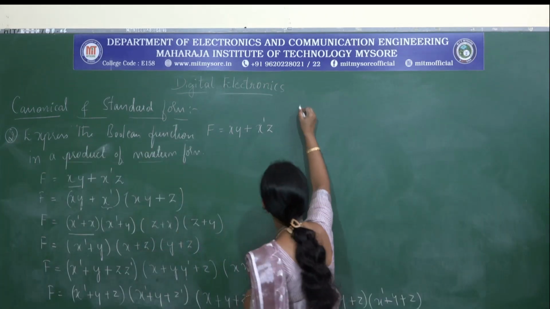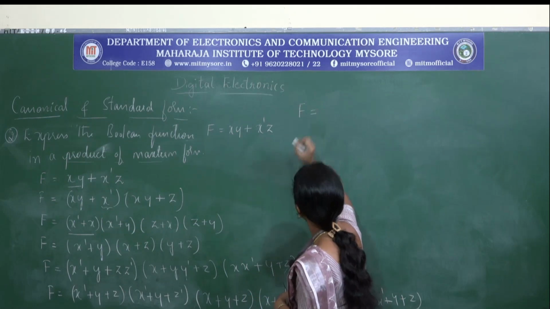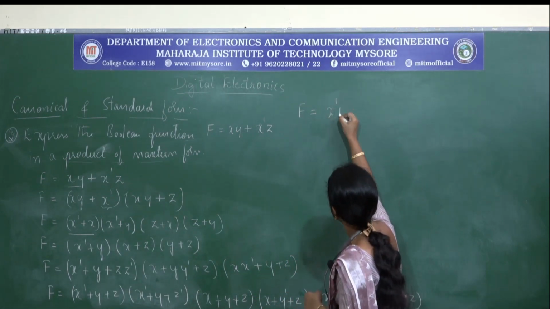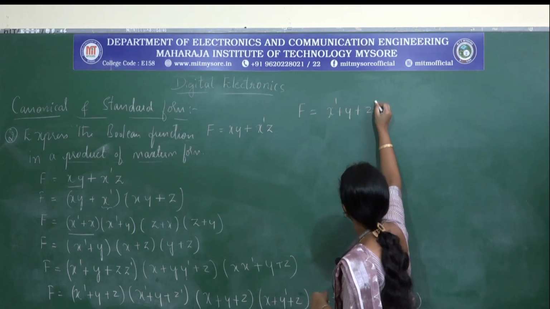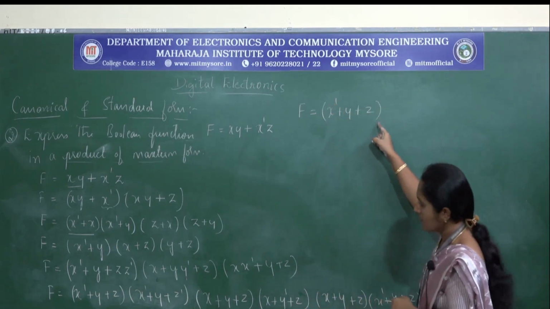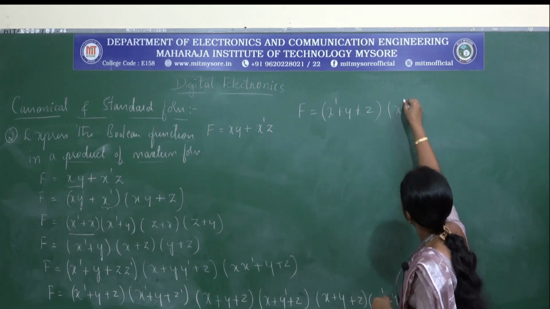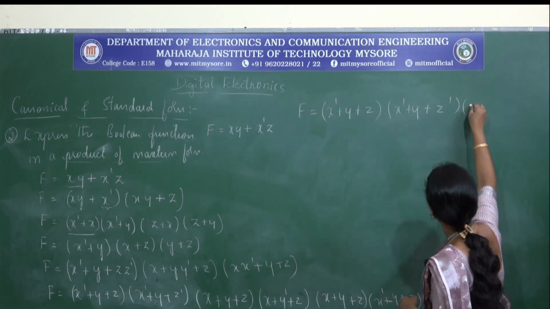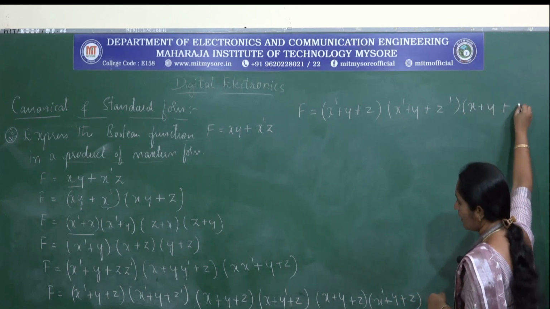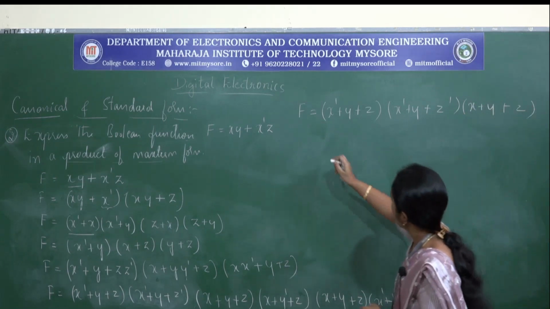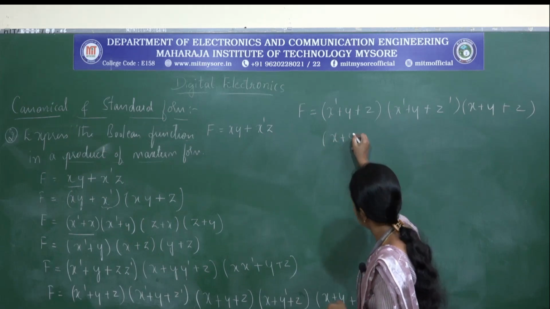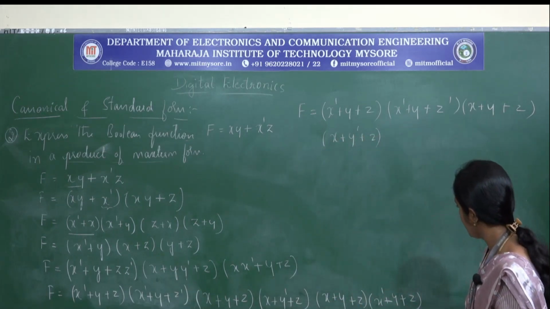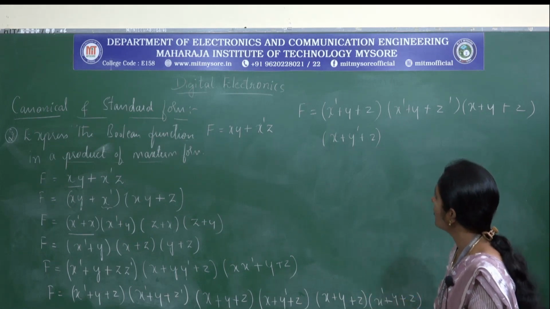So we can write this as x dash plus y plus z, x dash plus y plus z dash, x plus y plus z. That's all. The last two terms are repeated.